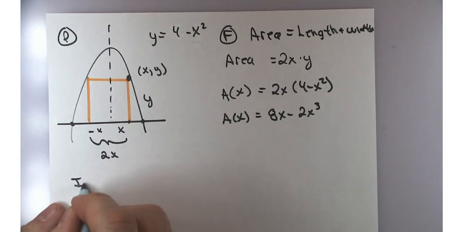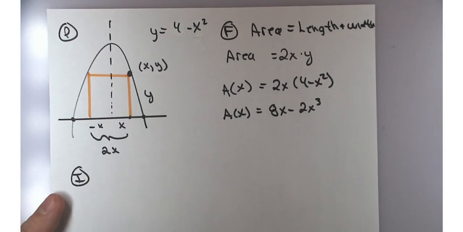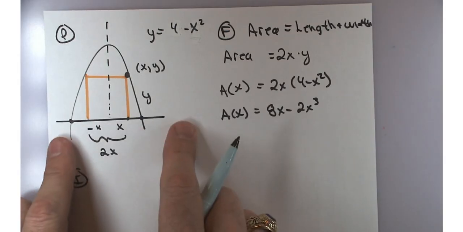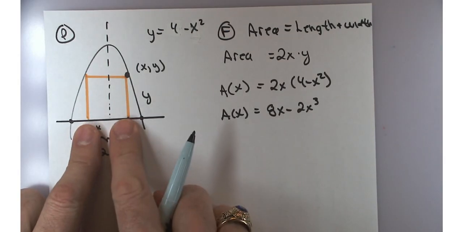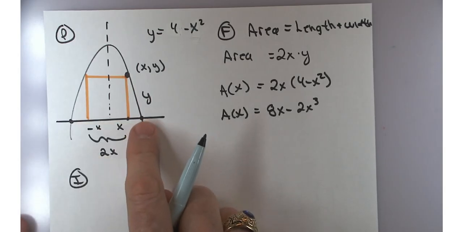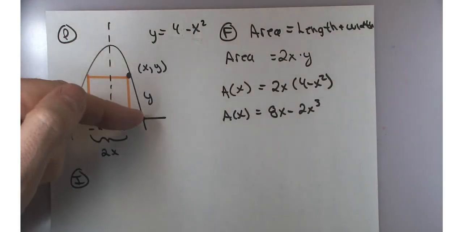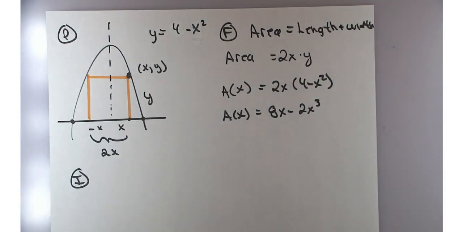Interval. Well, we can't make this rectangle as big as we want, and that's why I was asking you, what's the point at which this graph crosses the x-axis? Where does it actually touch the x-axis? 2. Thank you. Why 2?